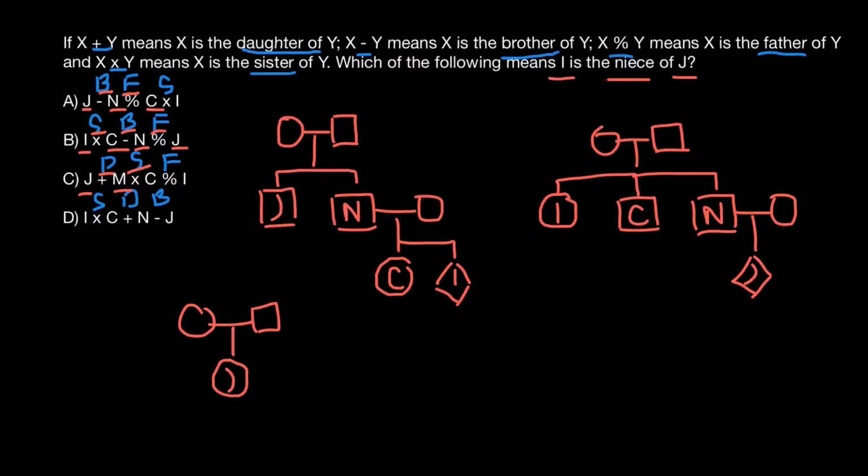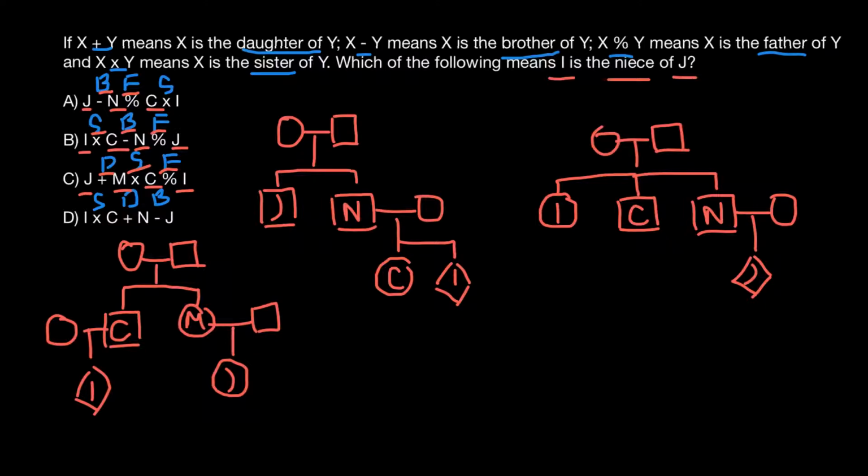M is a sister of C. So this person has to be M, and she is a sister of C. And C is a father of I. The sex of I is not specified, so we use the symbol. We also can add parents here.